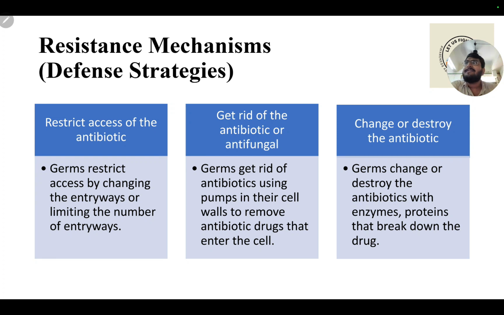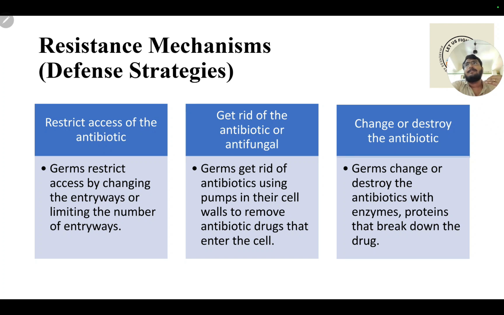But to act on these targets, the first thing that needs to happen is to gain entry into the bacterial cell. And microorganisms have a mechanism by which they can restrict this access. They will change something in their cell wall, in their cell membrane, such that this antimicrobial agent cannot enter in the first place into the cell.